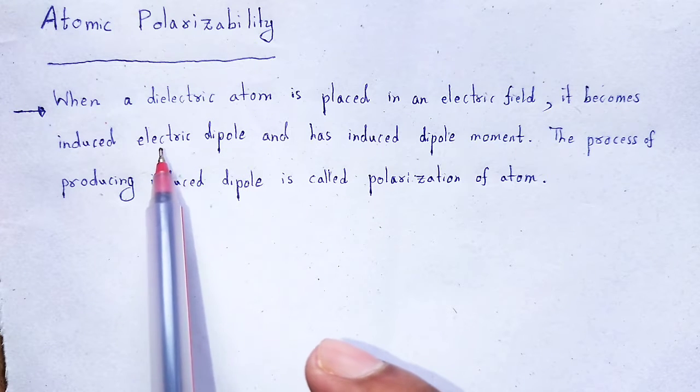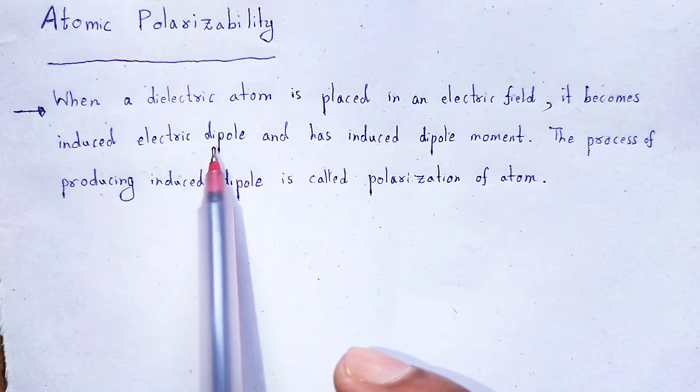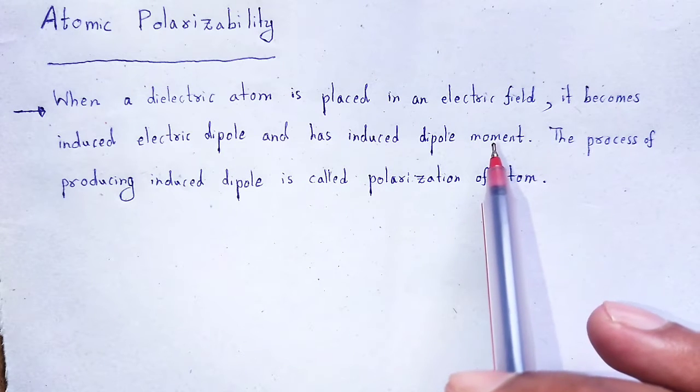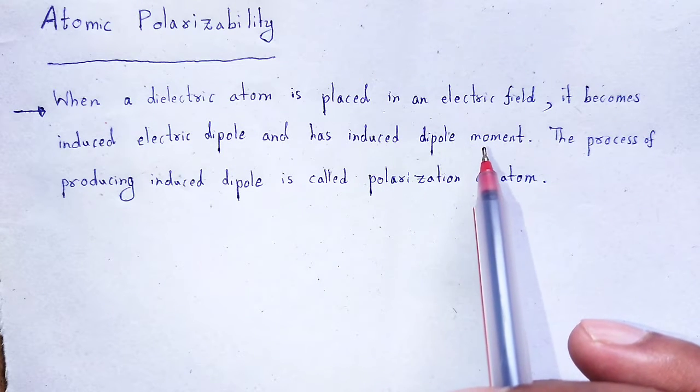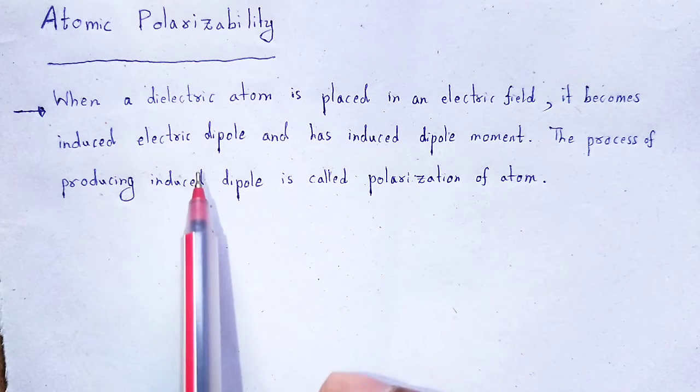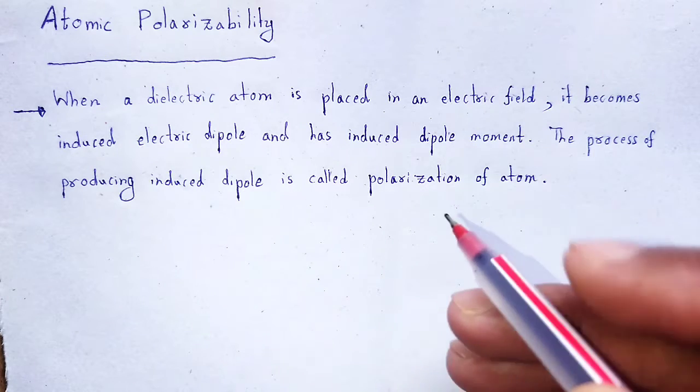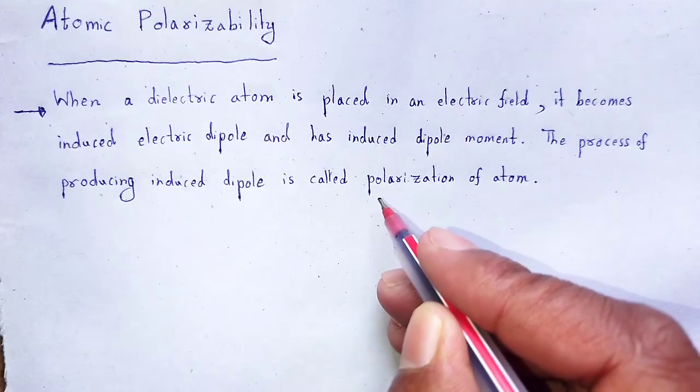Due to that induced electric dipole, it has an induced dipole moment, and the process of producing that induced dipole is called polarization of the atom.